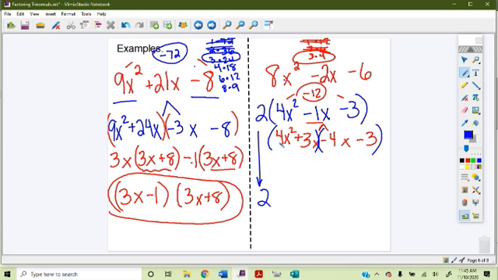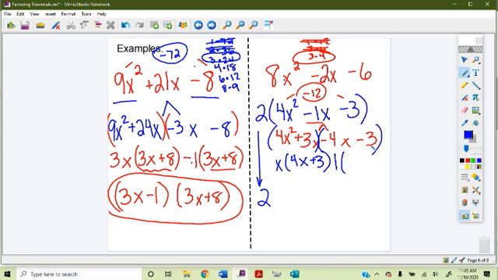When I look at this part, 4x and 3 don't have anything in common, but they both have an x. So I'll take an x out and leave a 4x and a 3, because the 4 and the 3 stay. All we did was take an x away. Now, for the other one, 4 and 3 also have nothing in common, and they don't both have x's. So the only thing I can factor out is a 1.